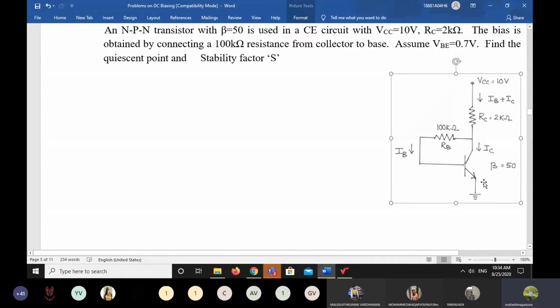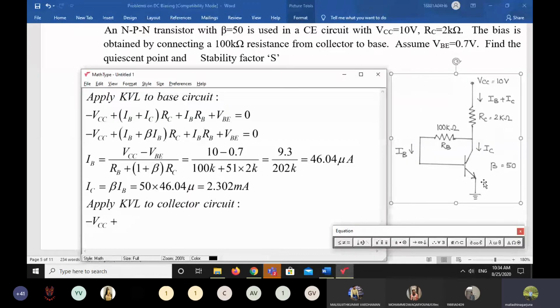So minus VCC plus (IB plus IC) into RC plus VCE equal to 0.